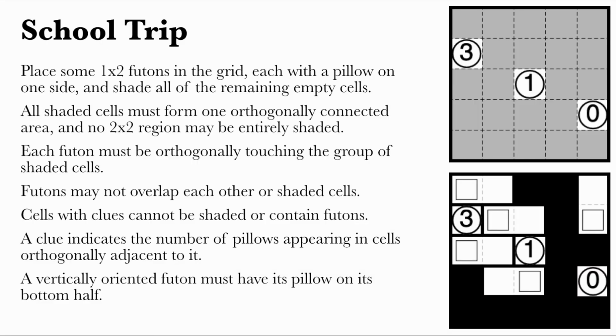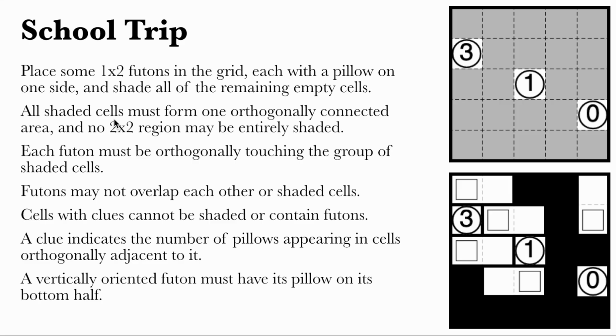In School Trip, we will place some 1x2 futons in the grid, each with a pillow on one side, and shade all of the remaining empty cells. Futons are represented by dominoes, effectively, that have a square in one of the two cells. That represents the pillow. And then we have some given circles, and then anything that isn't a circle or domino ends up being shaded in.